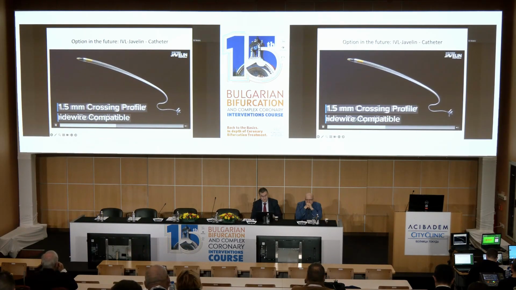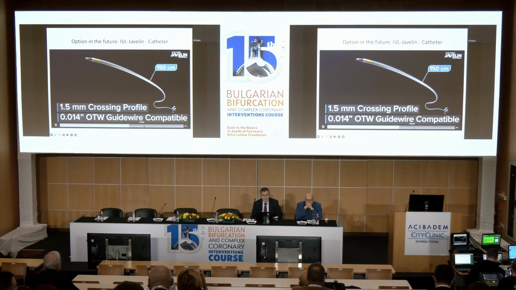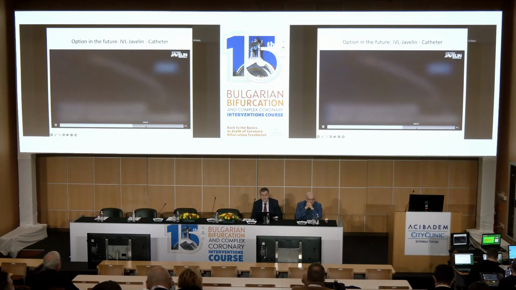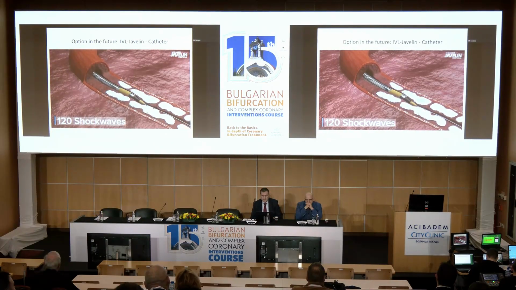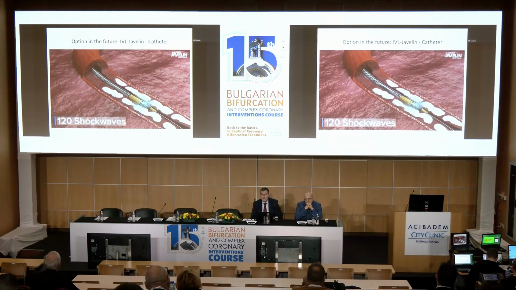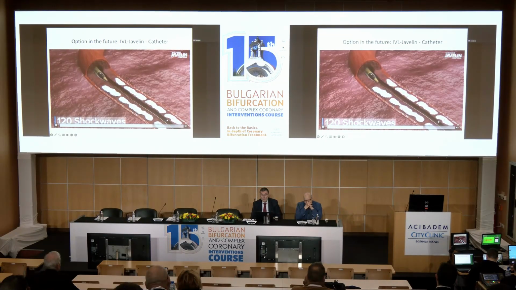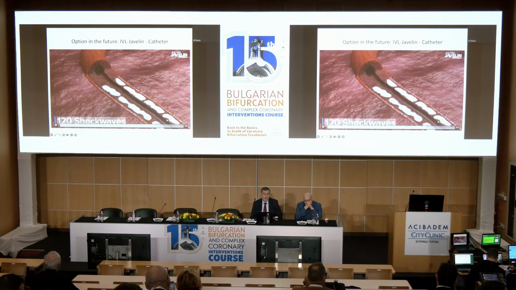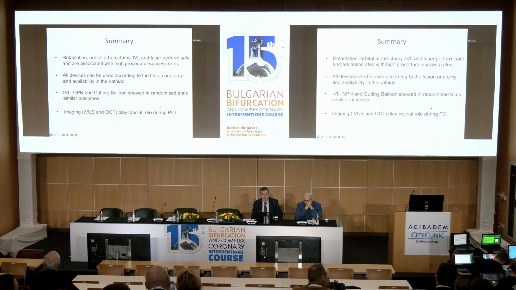It is 5 French compatible, and the console is the standard one by Shockwave. So this device will be available on the market, as I know, maybe at the end of this year. And we will be able to make a channel, and this will be huge progress in how to manage calcified coronary lesions.